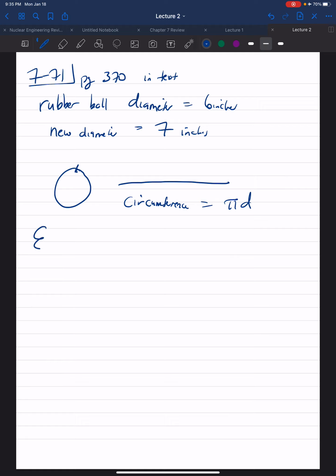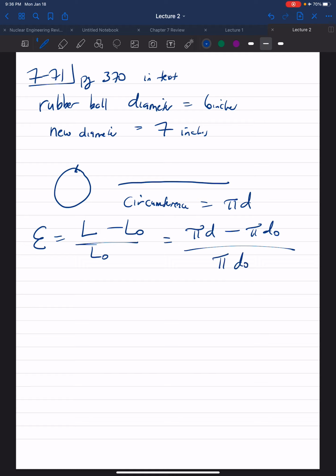So then our average normal strain is final minus initial over initial. So the final will be pi times d, minus your initial, pi times d sub o, over your initial pi times d sub o. In this case, the pi's cross out.